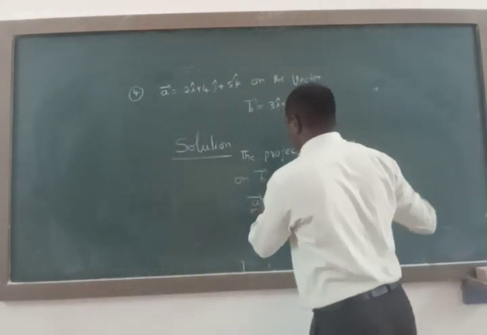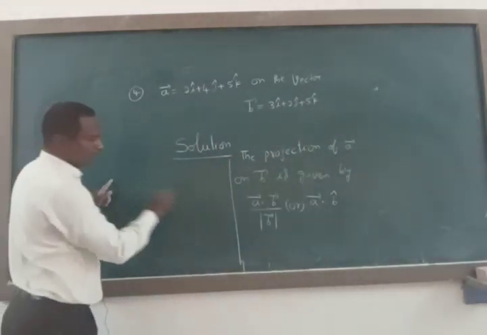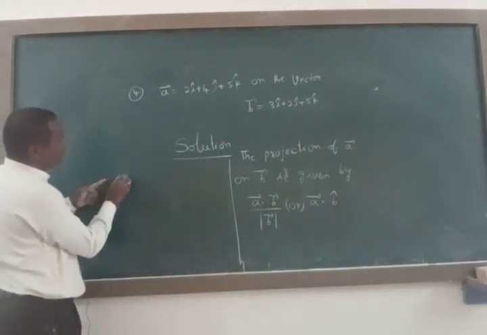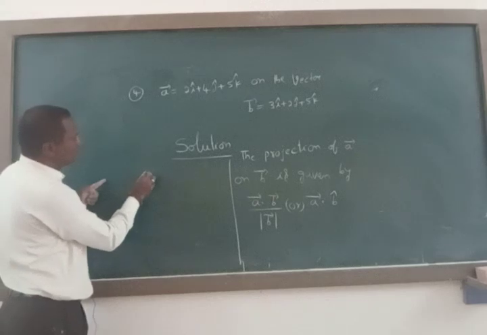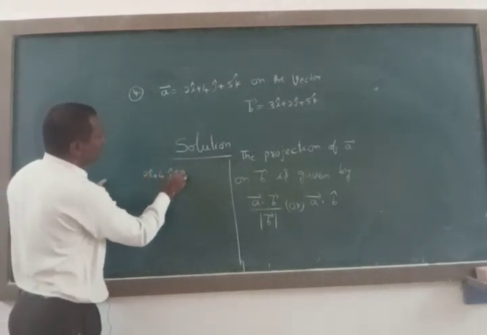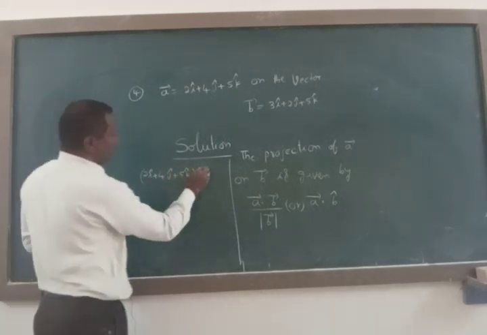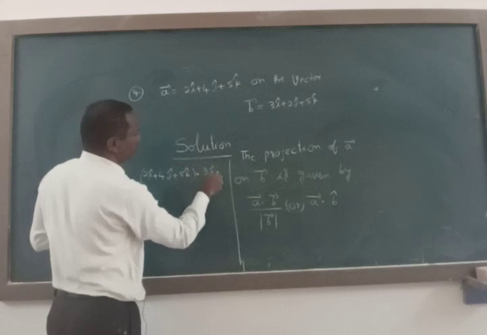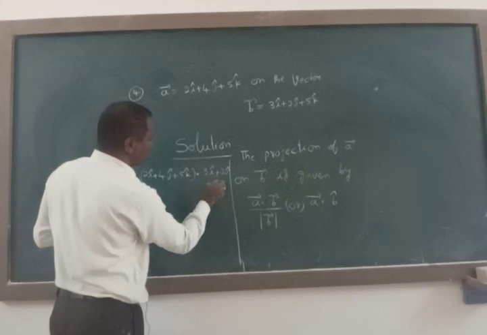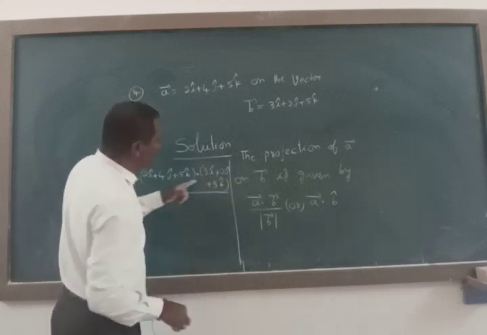a bar dot b bar means 2i cap plus 4j cap plus 5k cap dot 3i cap plus 2j cap plus 5k cap, whole dividing by magnitude of b bar.